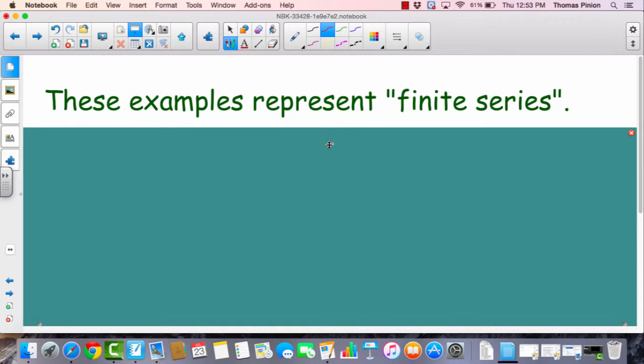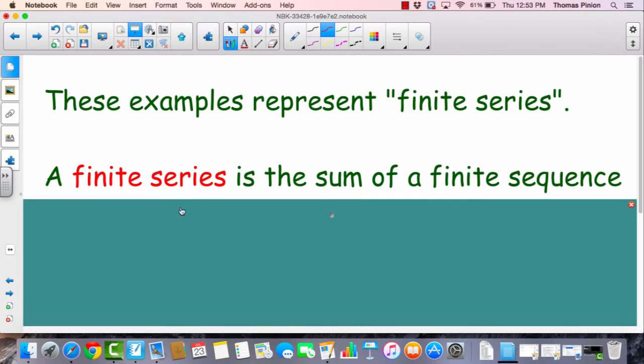These examples represent a finite series. A finite series is the sum of a finite sequence. The word finite looks a lot like the word infinity, and it's kind of the opposite. Infinity keeps going on forever and ever, whereas finite means that we stop. It means we have a set number of numbers that we're going to add in this series.